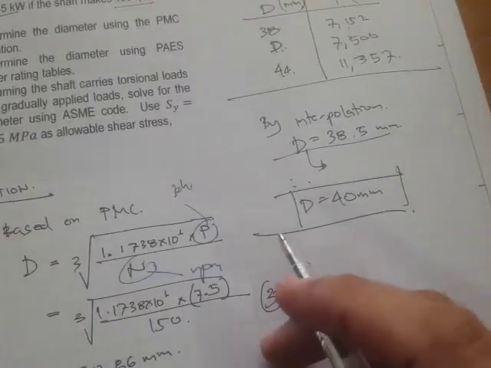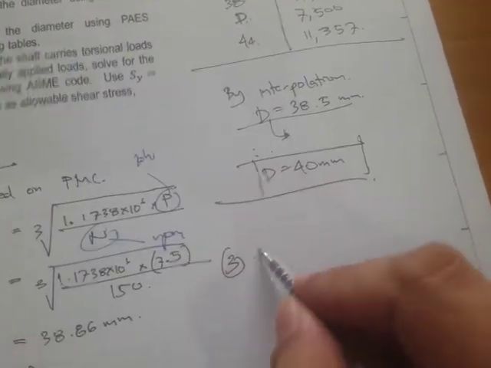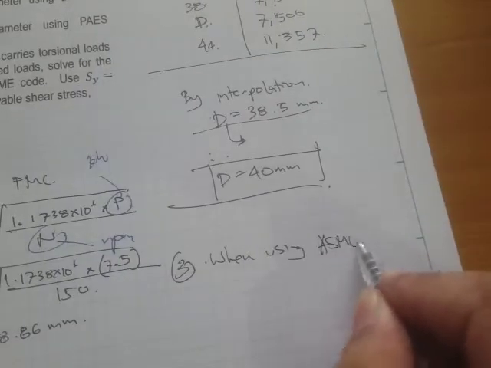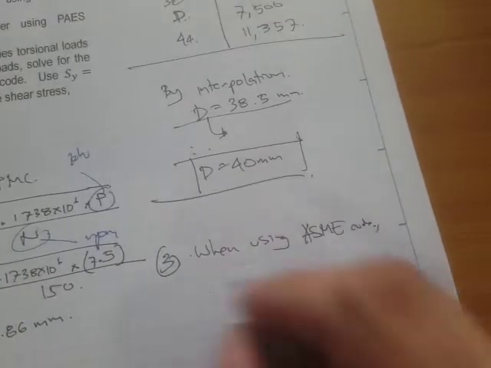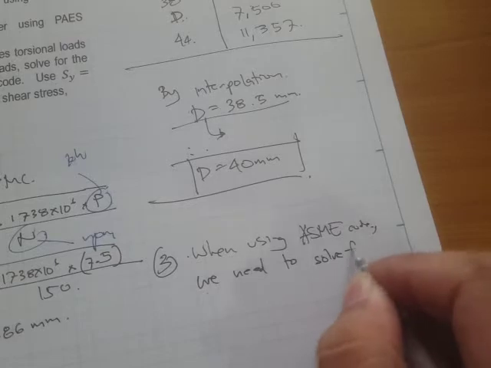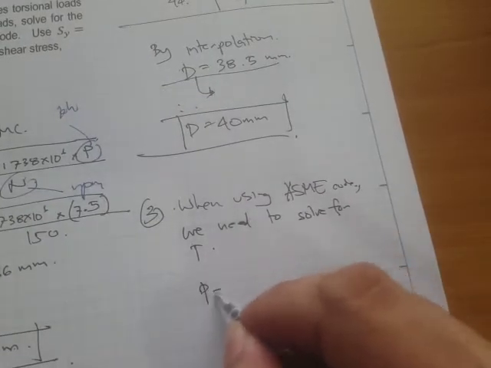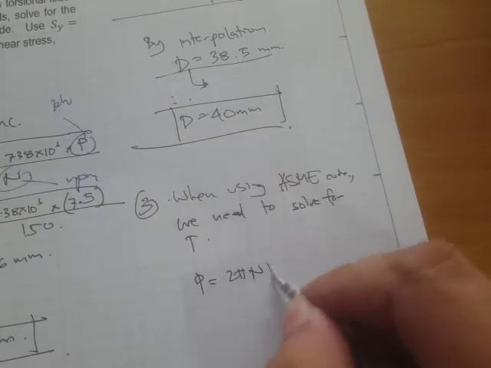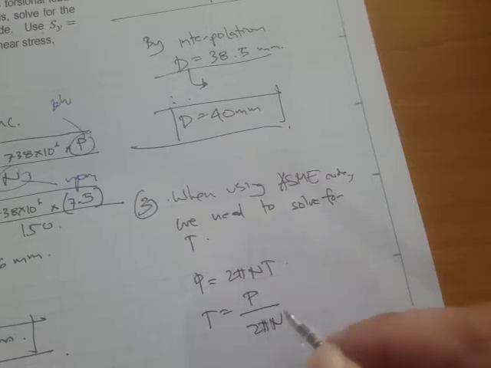Okay, so when using the ASME code, we need to solve for the torque first. The torque can be obtained from P equals 2 pi n T, and T is simply P over 2 pi n.